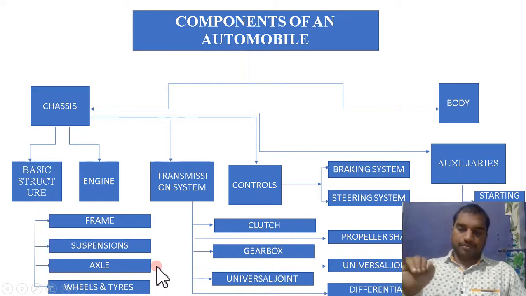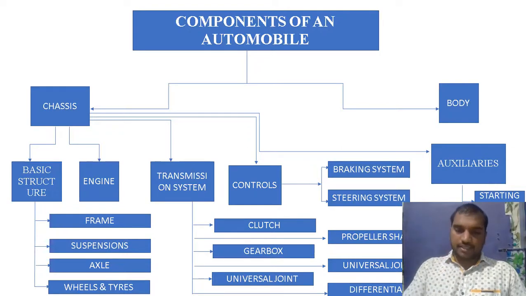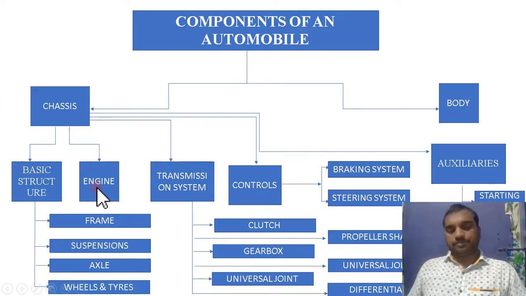These four parts combined are known as the basic structure. On the basic structure, the remaining systems such as the engine, transmission system, controls and auxiliaries are mounted.